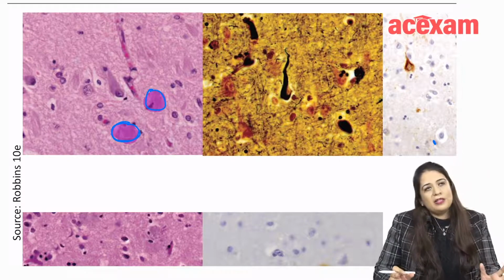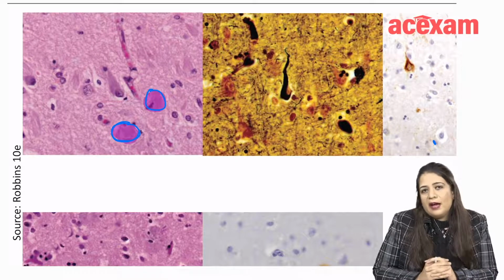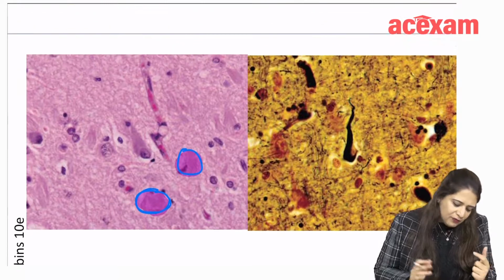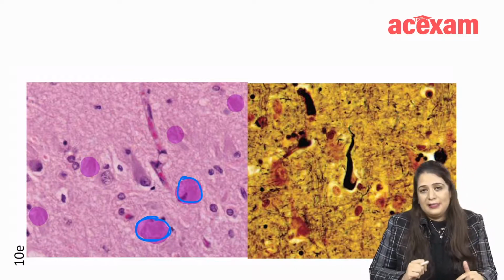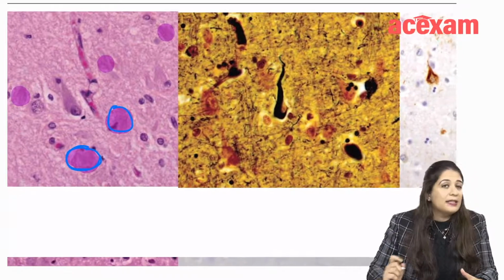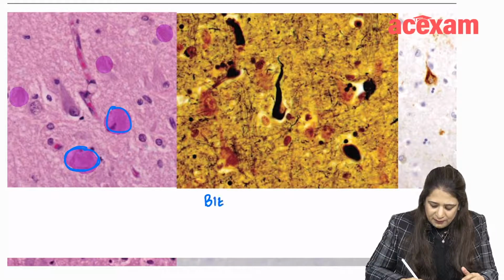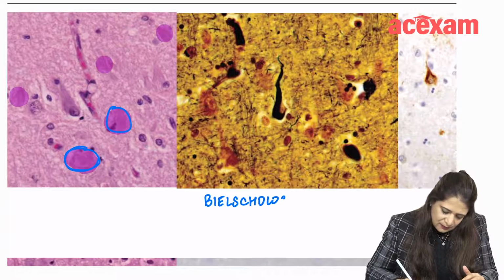And these plaques, because these are composed of these A beta proteins, on an H&E, as you can see, are very difficult to identify. I really have to strain to identify, okay, this is one, this is another one, this is another one. They can be highlighted by silver stains, right? So silver-based stains, and especially the one which is used in nervous tissue, it would be great if you can remember, that is Bielschowsky stain, silver stain.